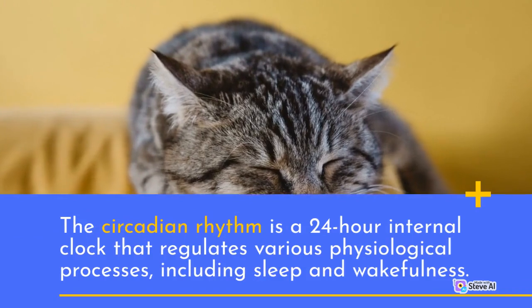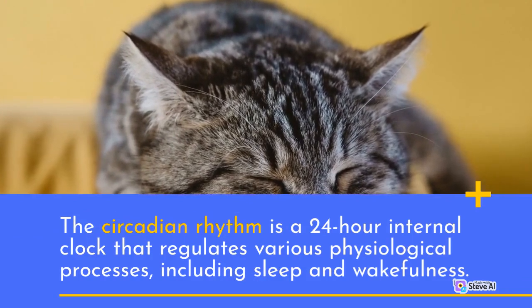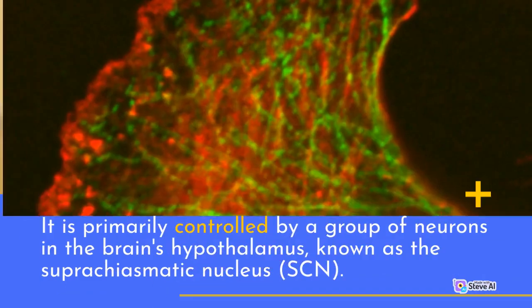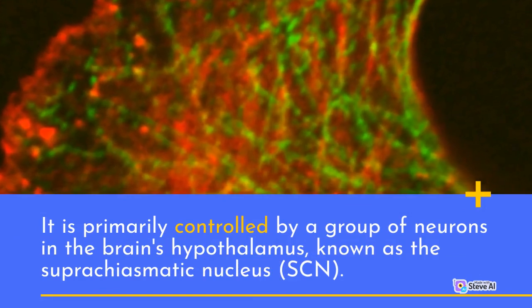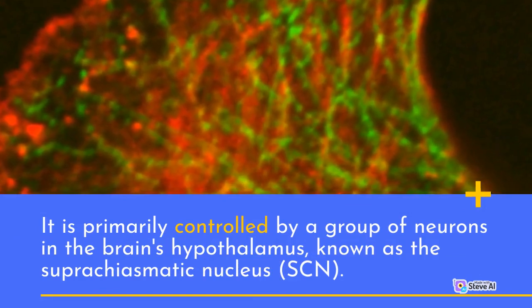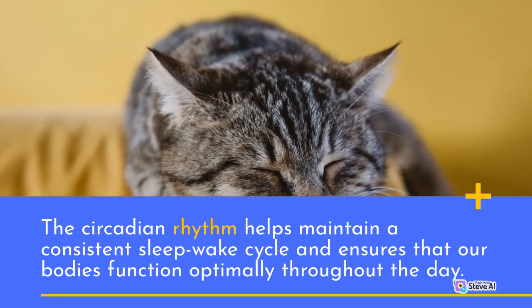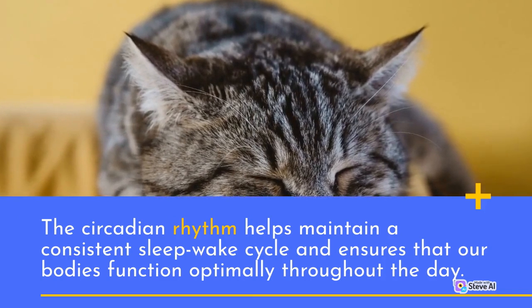The circadian rhythm is a 24-hour internal clock that regulates various physiological processes, including sleep and wakefulness. It is primarily controlled by a group of neurons in the brain's hypothalamus, known as the suprachiasmatic nucleus, SCN. The circadian rhythm helps maintain a consistent sleep-wake cycle and ensures that our bodies function optimally throughout the day.